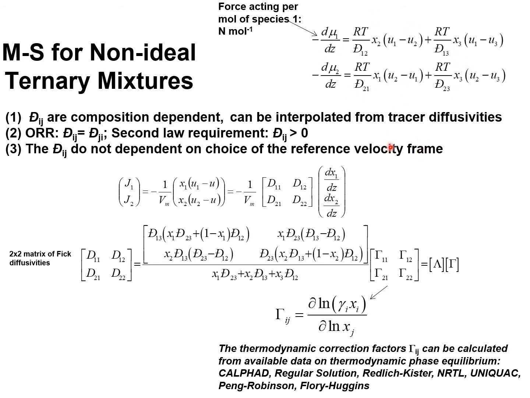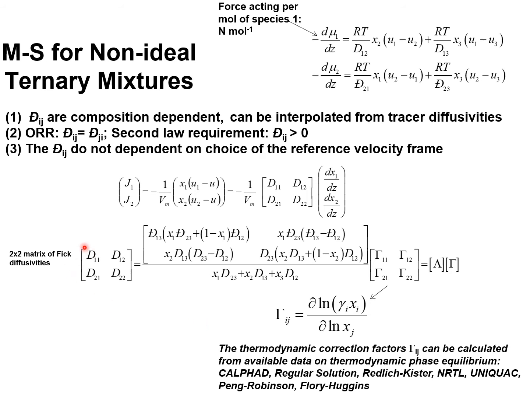These equations can be recast into the Fickian form by using two-dimensional matrix notation. The column matrix of diffusion fluxes is related to the column matrix of mole fraction gradients, the constant of proportionality being a square matrix of Fick diffusivities.